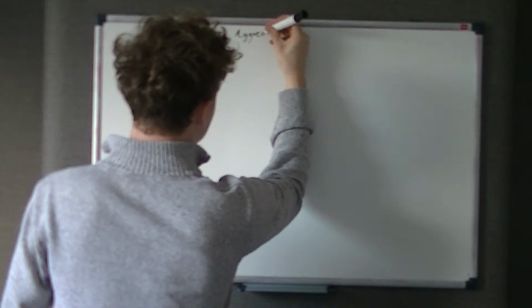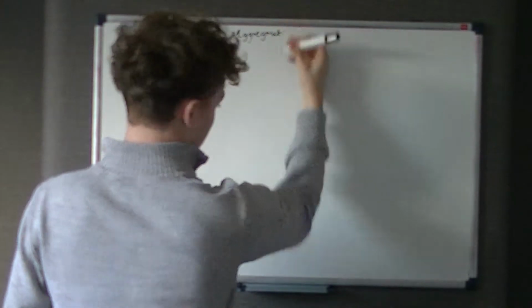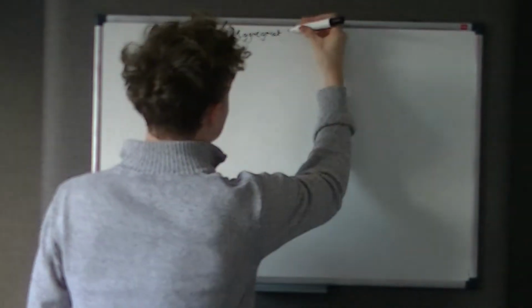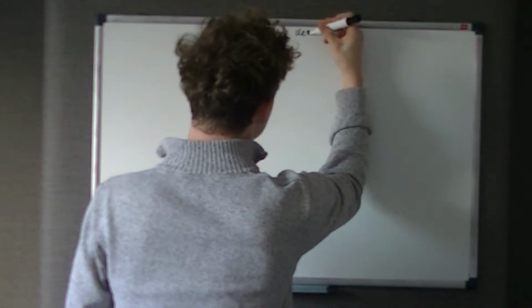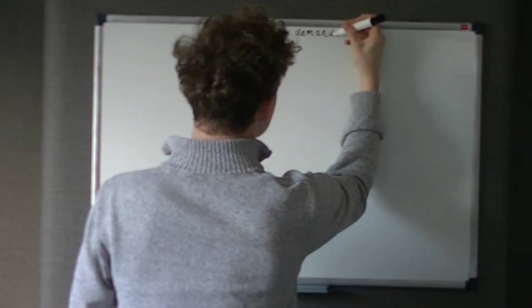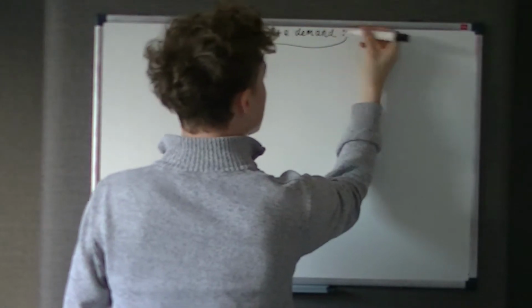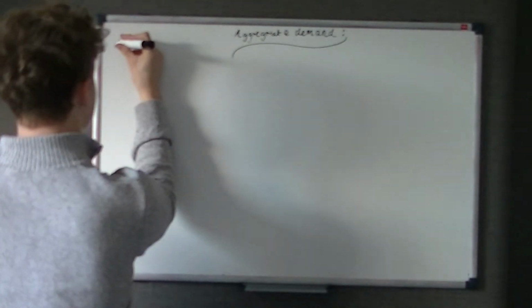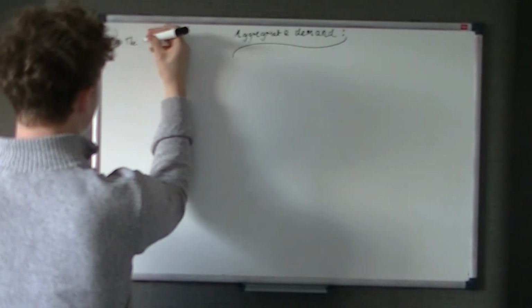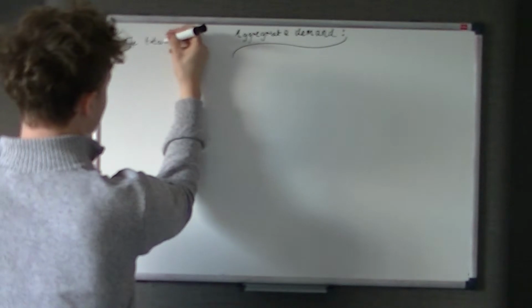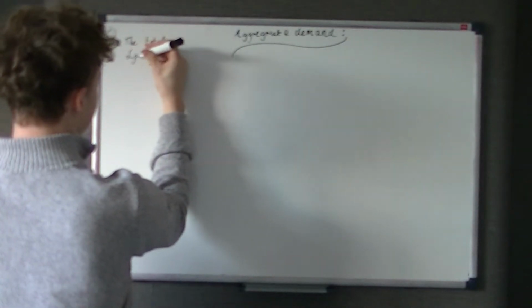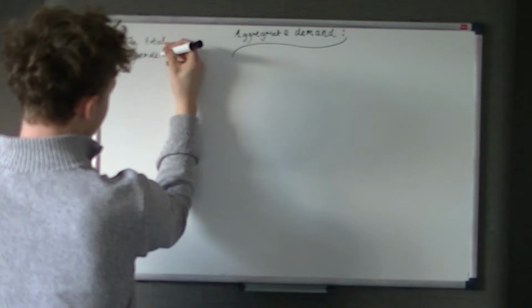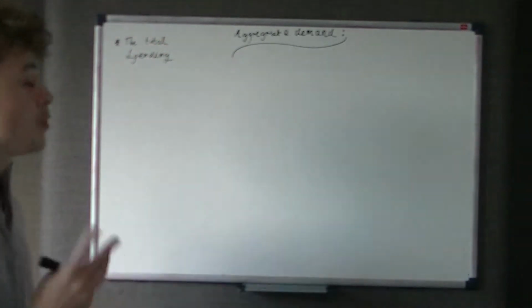Okay, I'll just put aggregate demand at the top. You may be asking me, well, what is aggregate demand? I mean, you should know what demand is, but what's aggregate demand? Well, aggregate demand is the total spending in an economy, at any given price level over a given period of time.